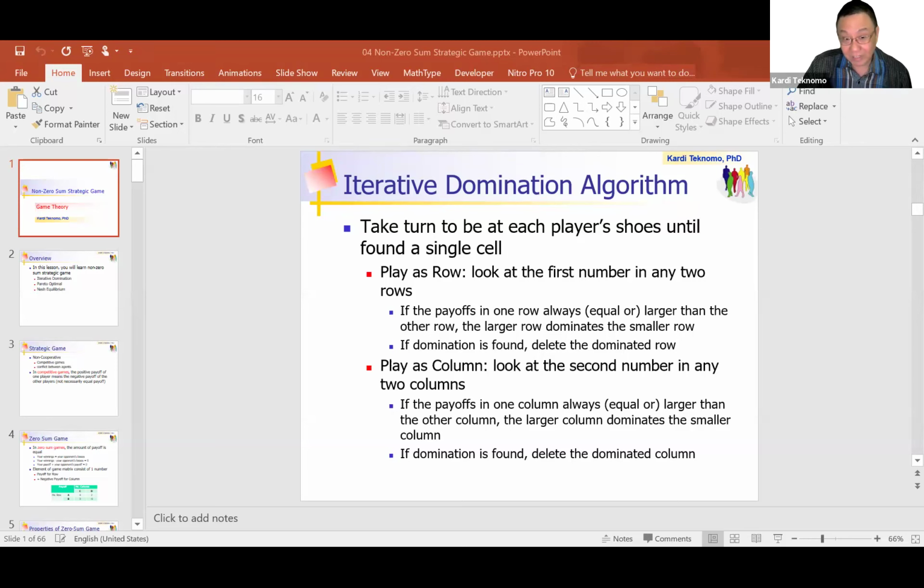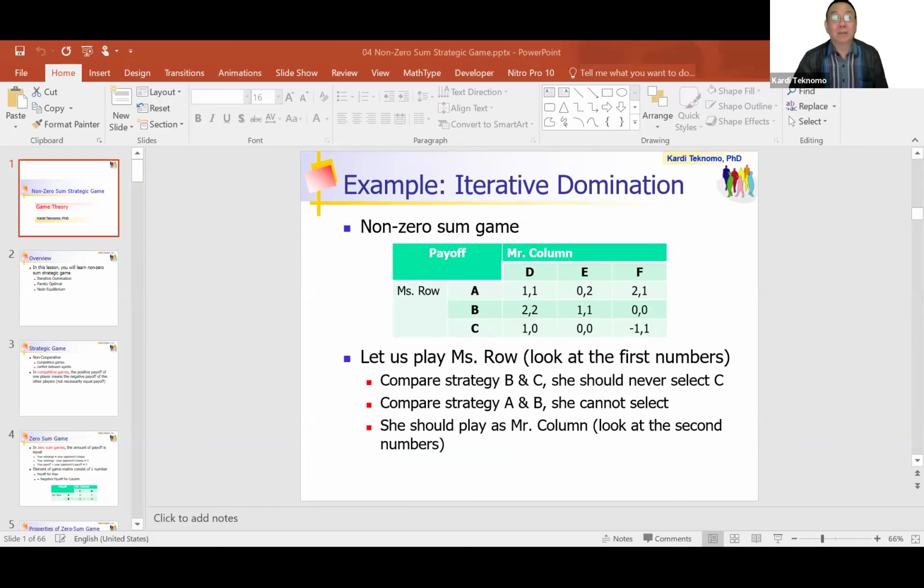So if larger than the other column, then the larger column dominates the smaller column. Again, if domination is found, you delete the dominated column. If this is still not clear, let's see the example.